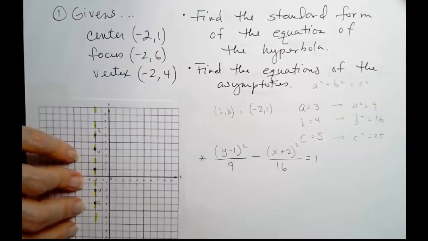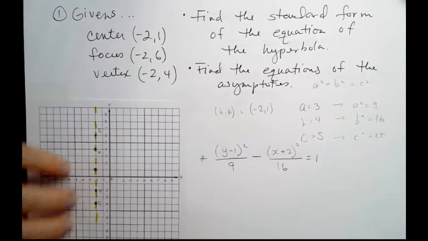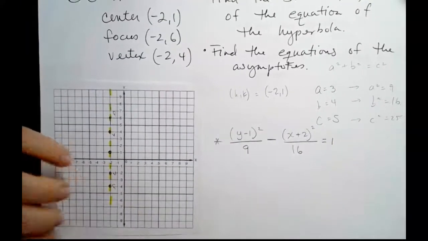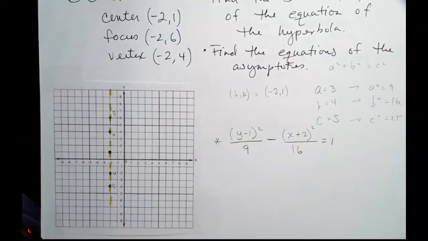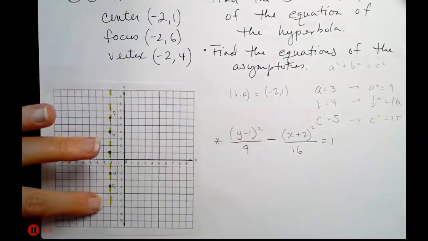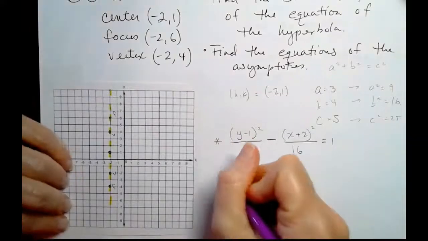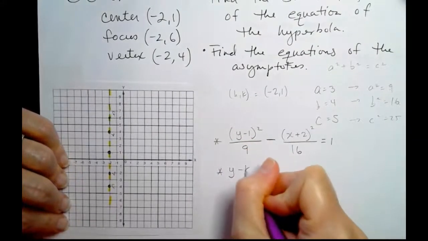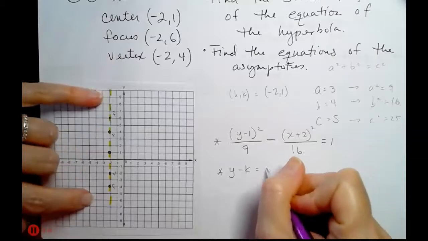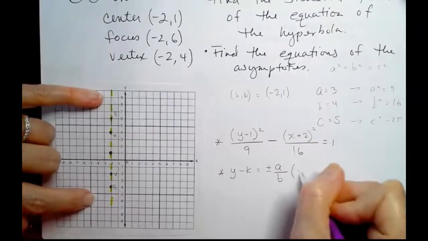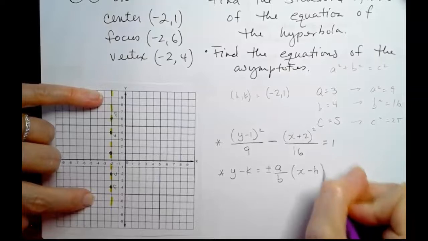So there is the first part of our answer, finding the standard form of the equation of the hyperbola. Now let's find the equations of the asymptotes, and then we'll graph the rest of it. To graph and find the asymptotes with a vertical transverse axis, the formula is y minus k equals plus or minus a over b times x minus h.